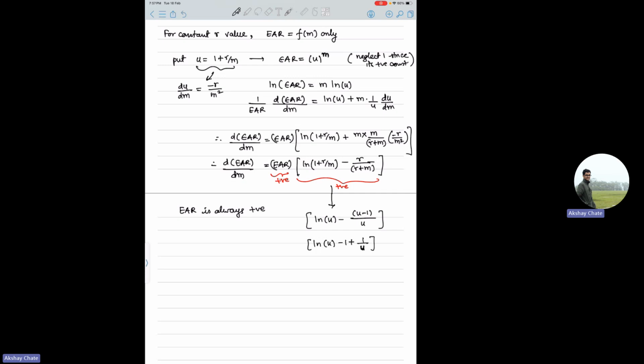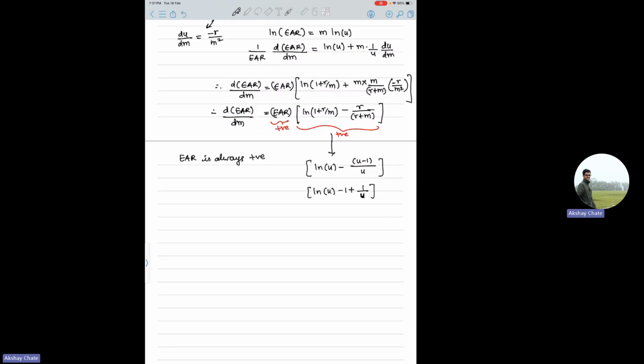Because the thing is, see, any natural log is always greater than 1 if U is greater than 1. See, what I'm trying to say is R by M is a positive fraction, right? And as M tends to infinity, R by M tends to 0.